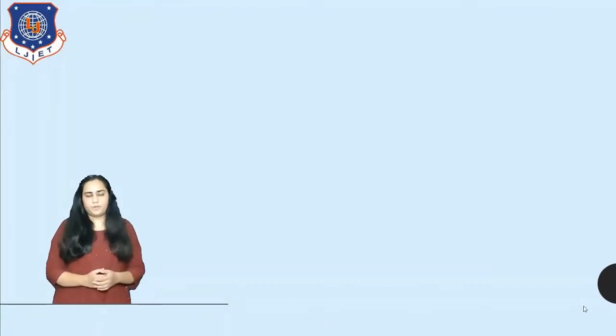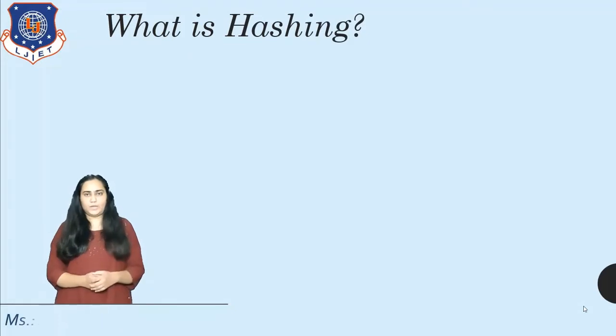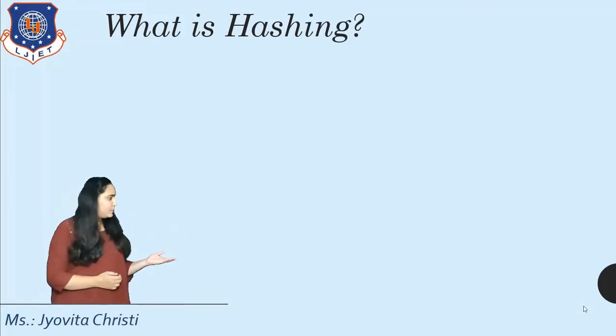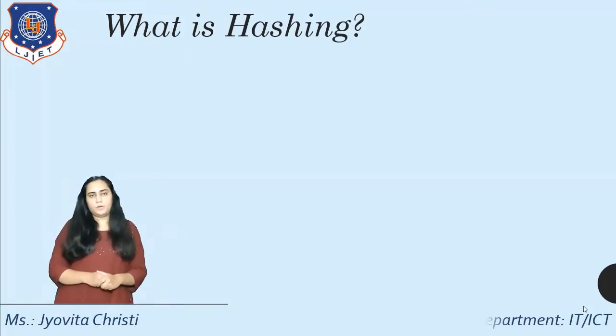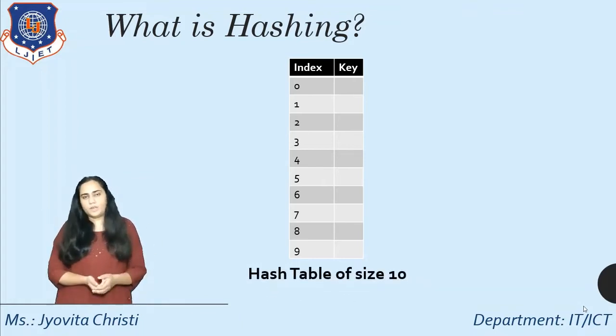In order to perform hashing, there are certain requirements, certain things that you need. One such thing is the hash table. The hash table is of a specific size, and depending on the type of data you want to store and the number of records you want to store, you will decide the size of your hash table.